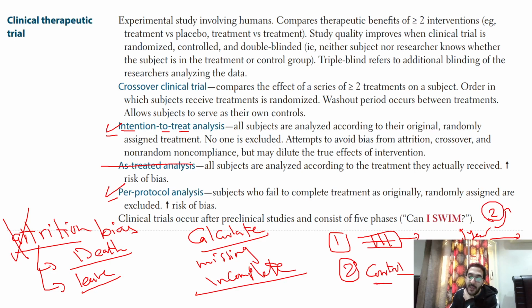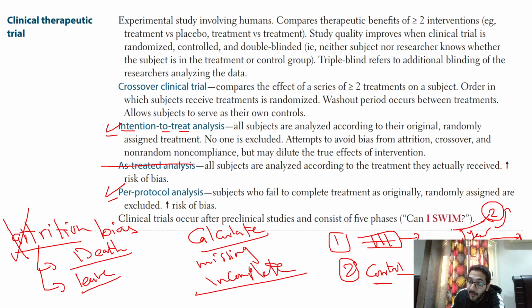So what you will do is, okay, what data do I have? I have the data of five complete patients in the treatment group, seven complete patients in the control group, and I have two incomplete. What I will do is, actually, I have incomplete data, but it's good data.